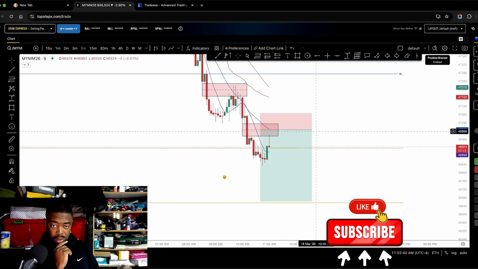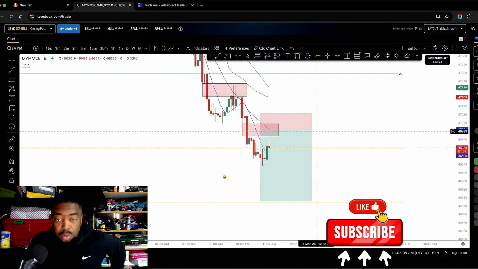And I want to see the next candle push up and reject hard. Preferably, I would like to see a full green candle on this one going into the imbalance, which is the gap. And the next candle I want to see bearish. And I'll take that baby going down.